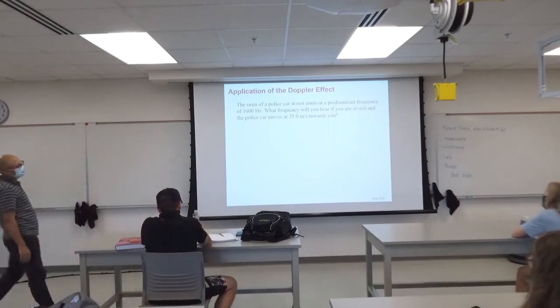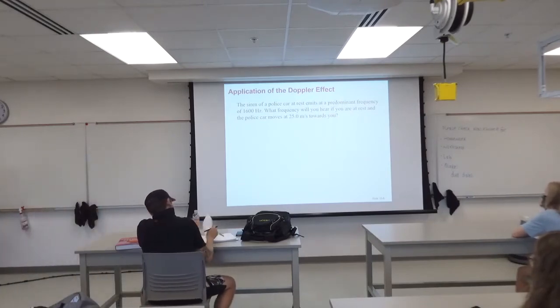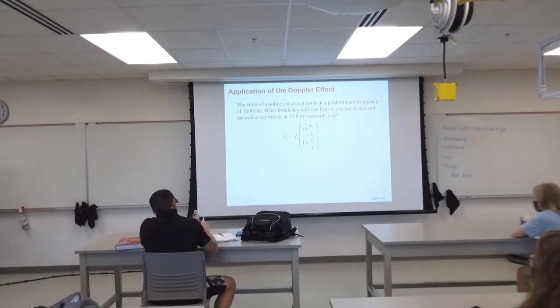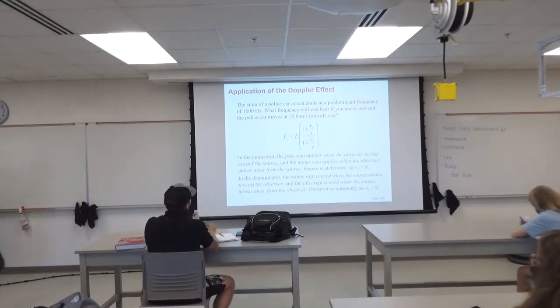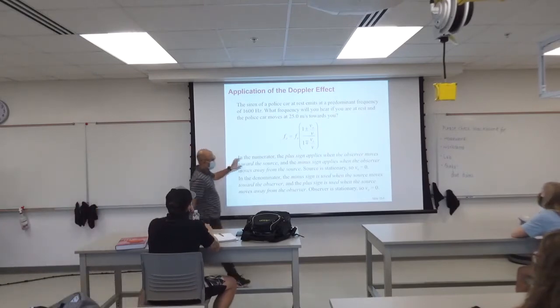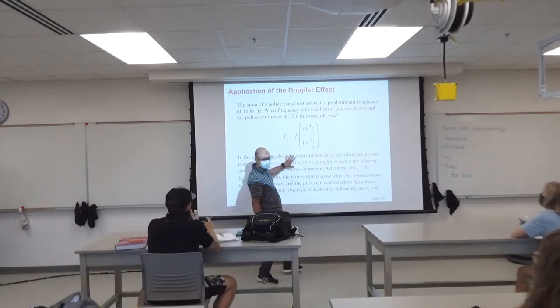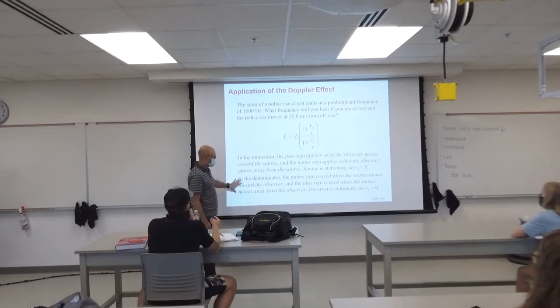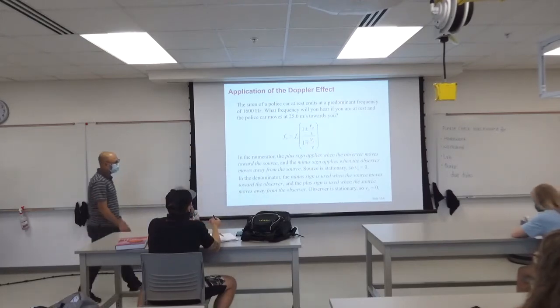So which formula do we use? We have 4 different formulas, and we have this general formula, and we have a rule to choose the signs. This is when the source is at rest, so we choose this sign convention for the source at rest, and this is when the observer is at rest.